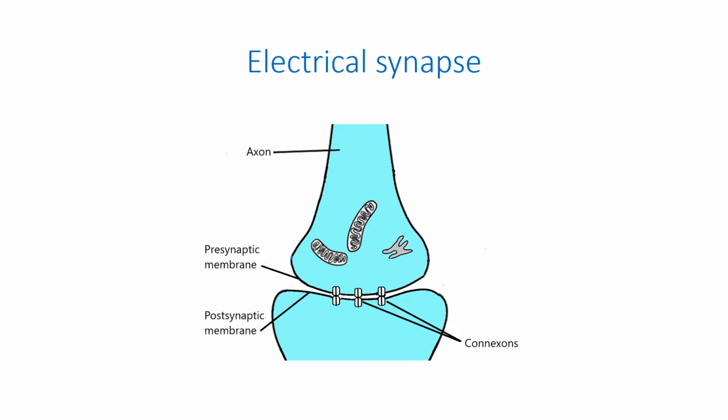The electrical synapses are common in invertebrates. In mammals, they are found in some nuclei of the thalamus, neocortex, and hippocampus, and are represented by gap junctions.